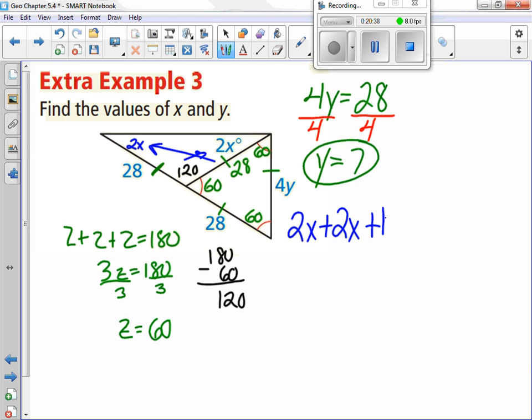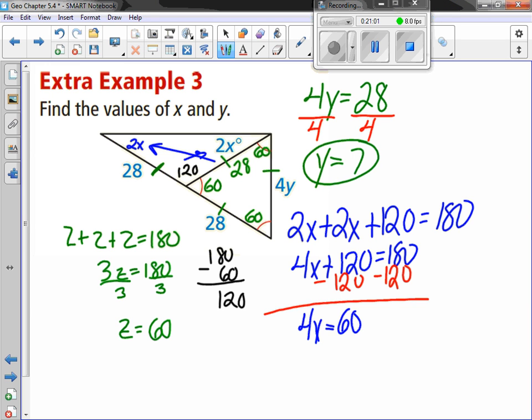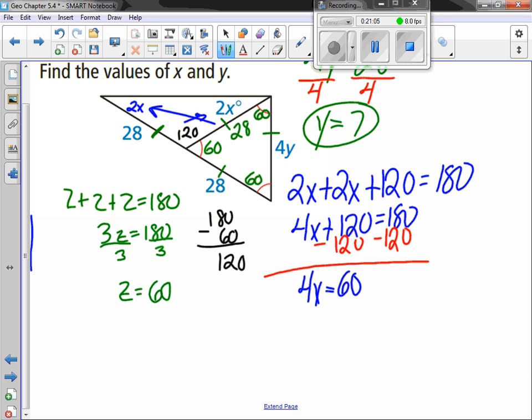Because 2x plus 120 will give me, what is 2x plus 2x? 4x plus 120 is equal to 180. What would we do next? We would subtract 120 from both sides, which tells me that 4x is equal to 60, because 180 minus 120 would be 60.